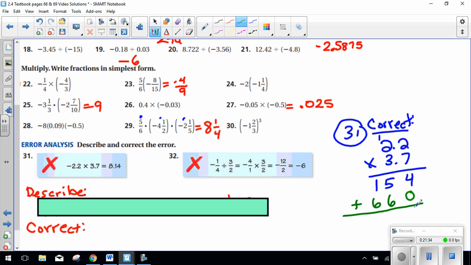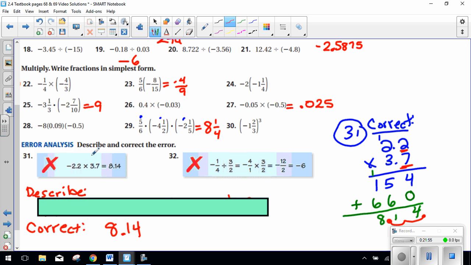And we add. We get 4, 11, 6, 7, and 1 is 8. Okay, the next thing we need to do is add up our decimal places. 1 and 2. So starting on the right, we go in 1, 2. So far I have an answer of 8 and 1400ths.